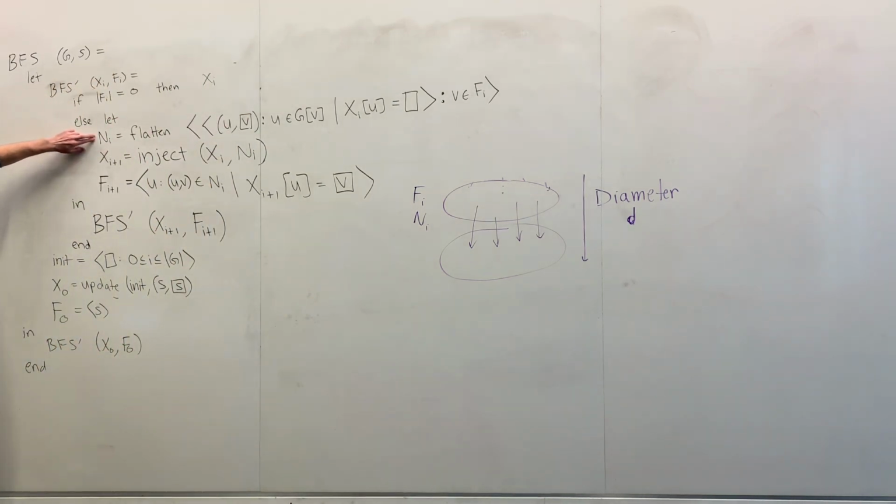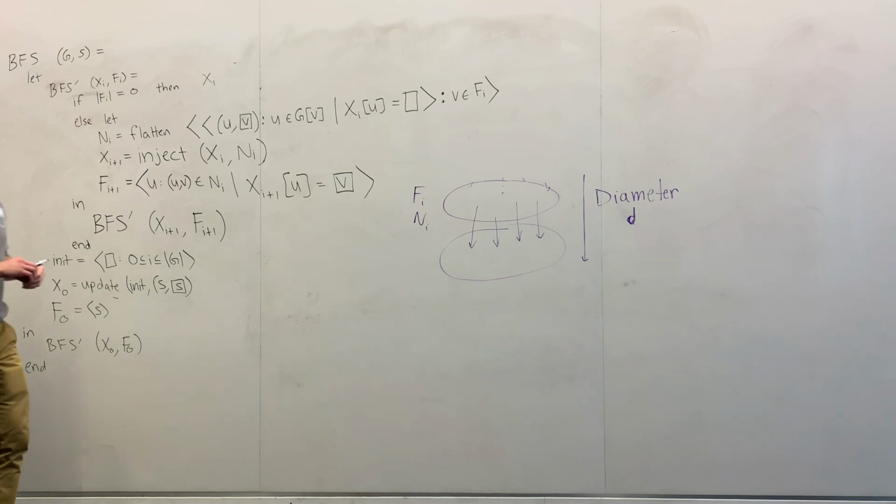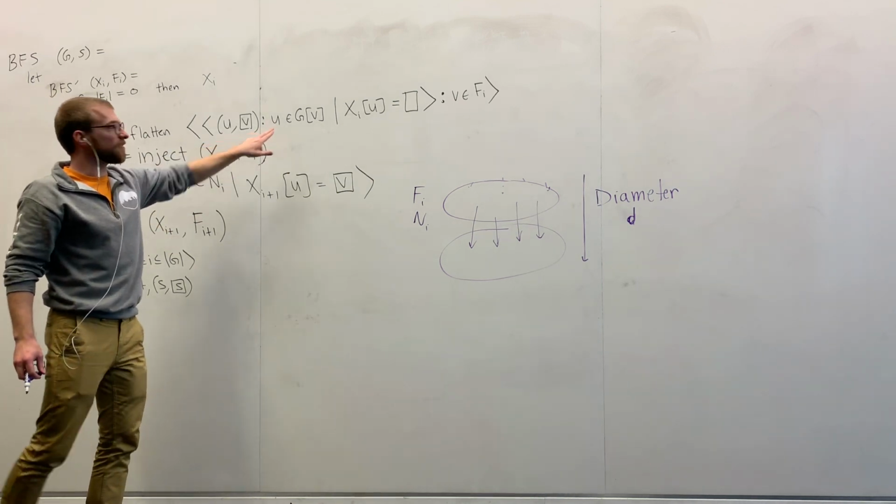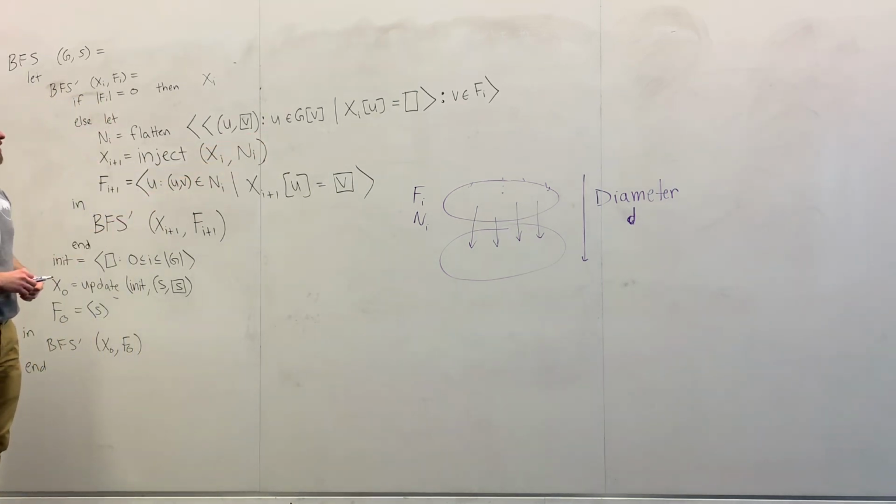So right here, when we construct this Ni, it's all of the out edges from that frontier. How much work do we need in order to construct Ni? Well, for each vertex in the current frontier, what we're going to do is build the set of its out neighbors.